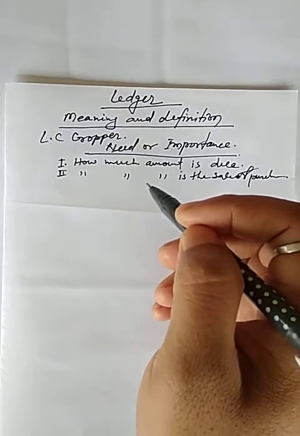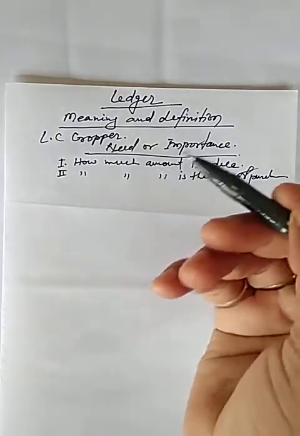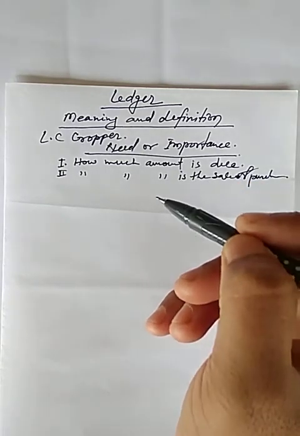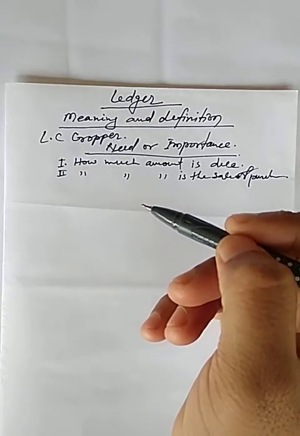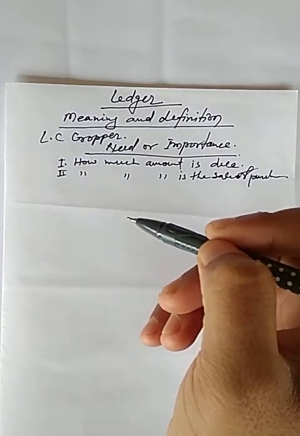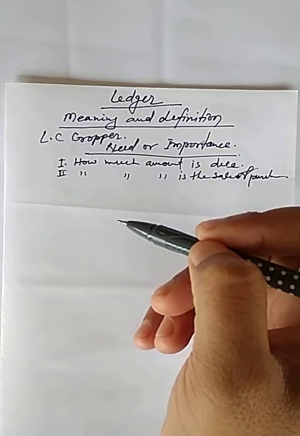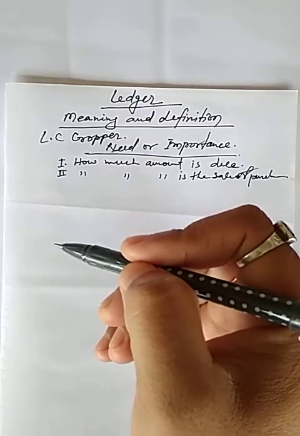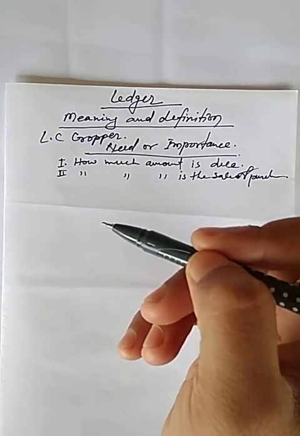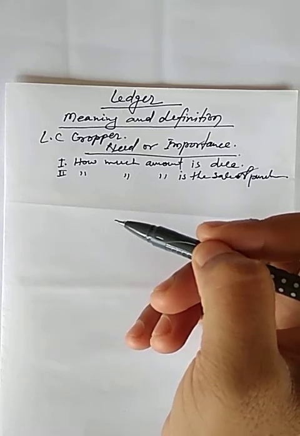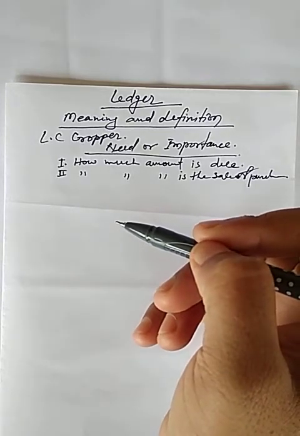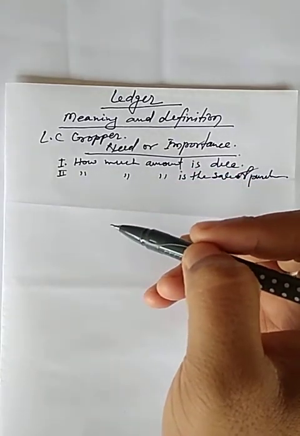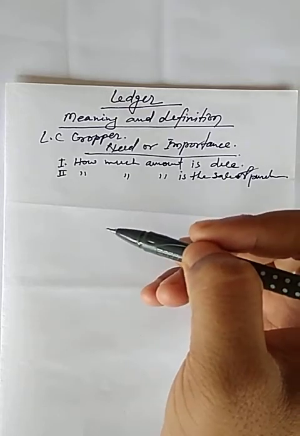For example, if we want to know on a particular date the amount due from Surender Mohan and Company, the various transactions pertaining to them will have to be sorted out from journal or subsidiary books and collected at one place.